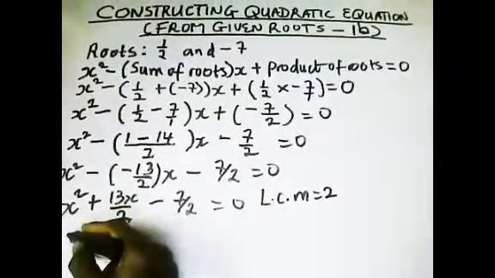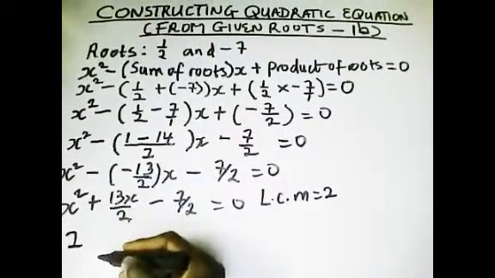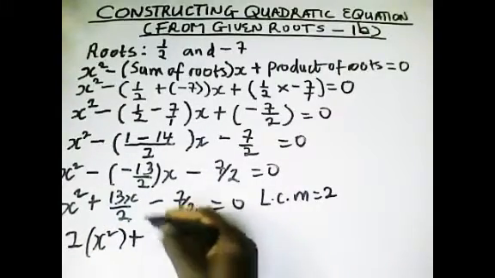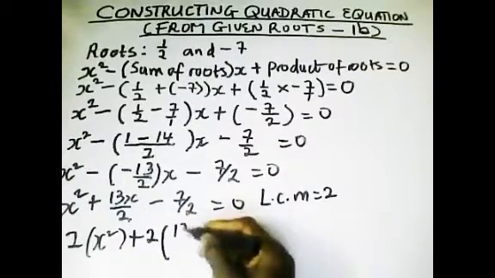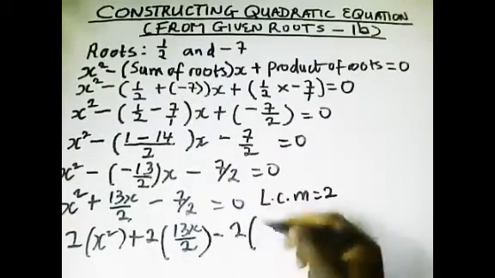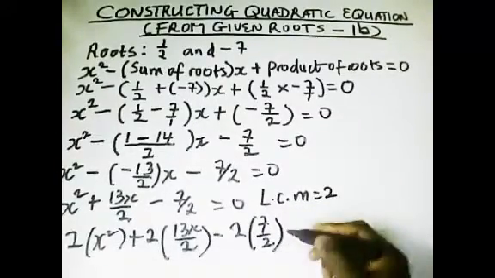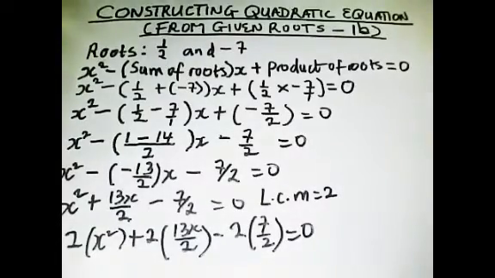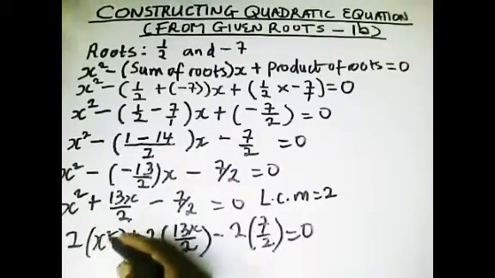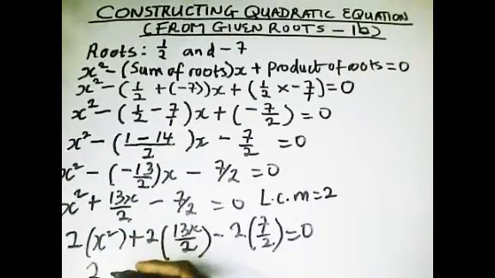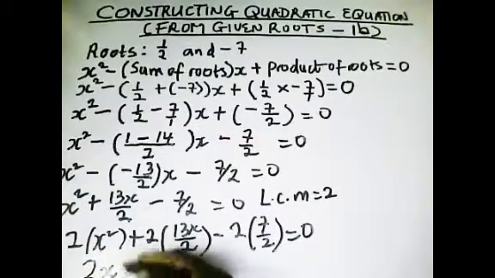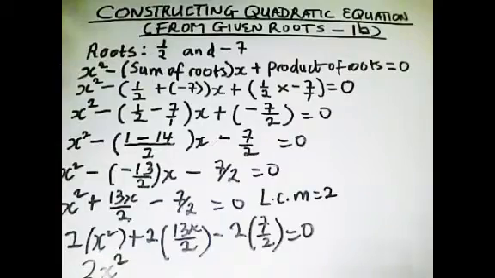So now we use 2 to multiply into x squared, then we have plus 2 to multiply into 13x upon 2, then we have minus 2 to multiply into 7 upon 2, then everything equals 0. At this point, 2 times x squared will give us 2x squared.